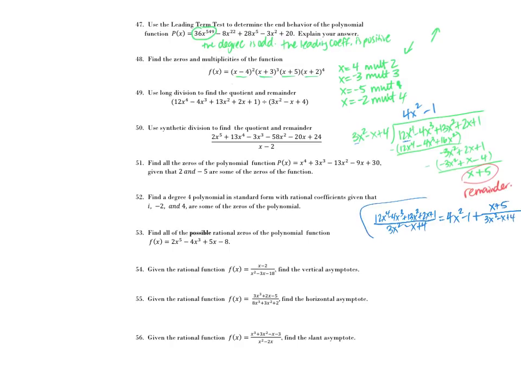So that's the way we would write it all out. This is the quotient, and that's the remainder.